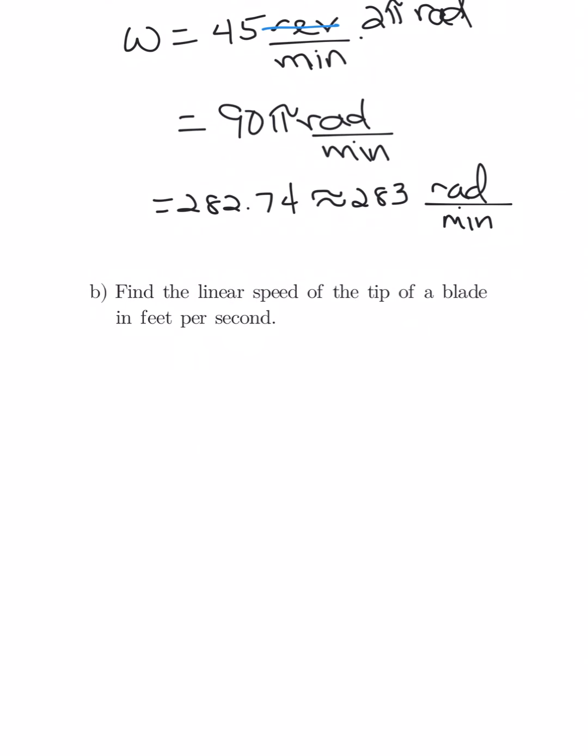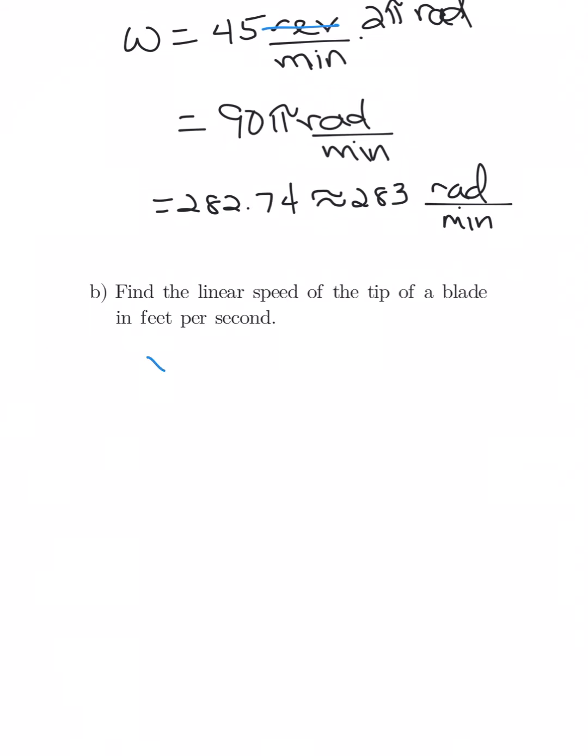Part B of this problem says find the linear speed of a tip of a blade in feet per second. So if you just think about the single point that's on the tip of a blade, how fast is it making a circle in feet per second? Linear speed is the letter V. We have 2 formulas that have V in them.